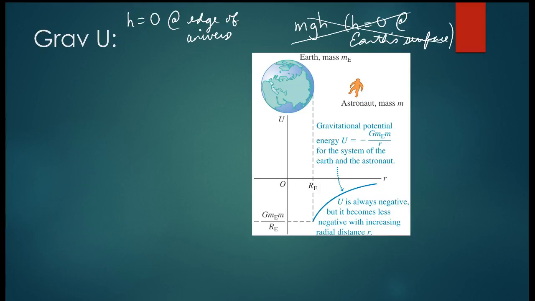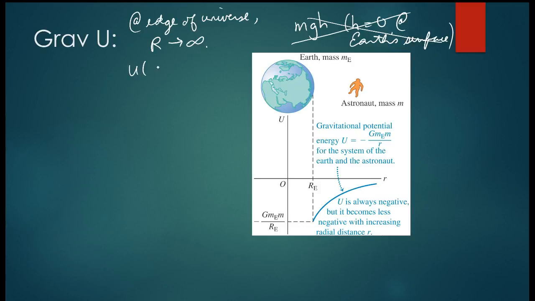Okay? Well, but really, if that's a height of 0, maybe it's better to say that when we're at the edge of the universe, r, or how far we are away from the center of the Earth, is actually infinity.